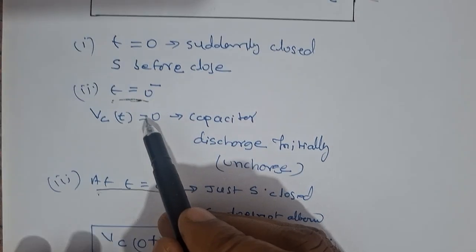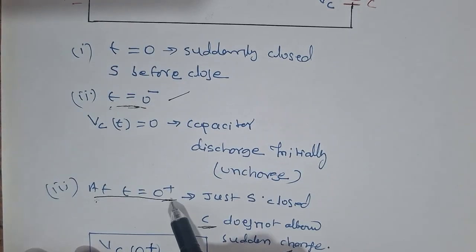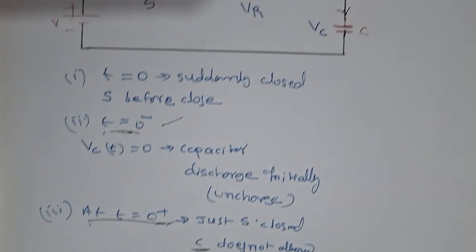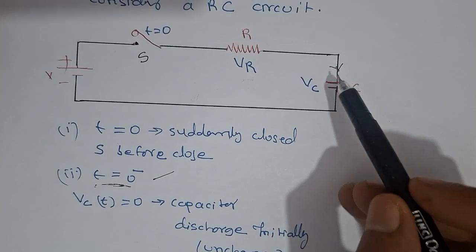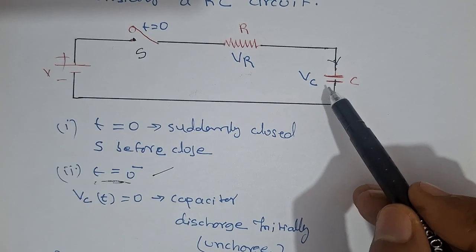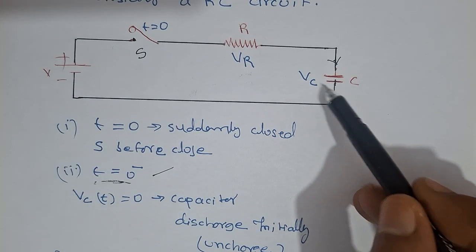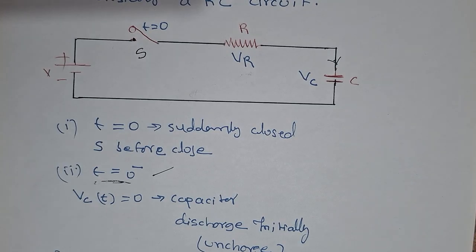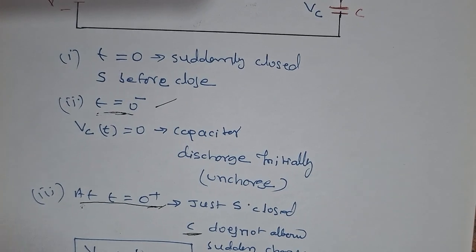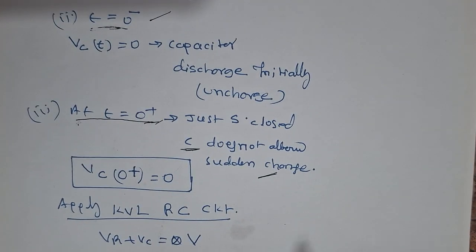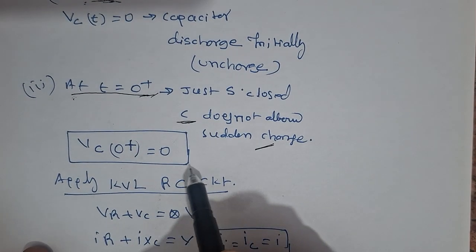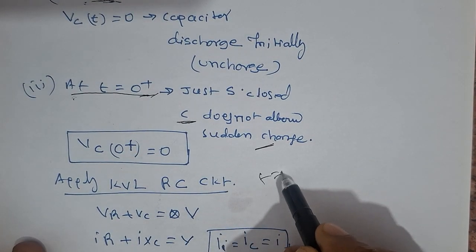So at t equal to 0 minus and t equal to 0 plus, the voltage across the capacitor is 0, it is not charging. Now we have to apply the time period t equal to 0 plus continuously, that is, t equal to infinity.